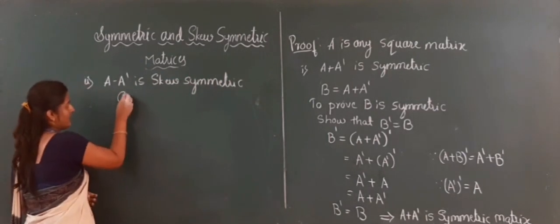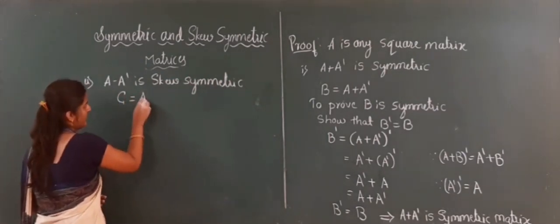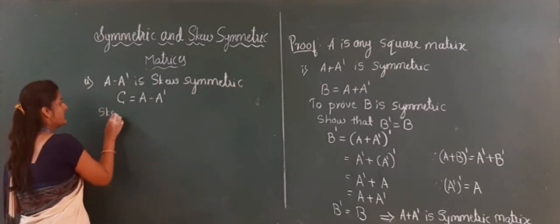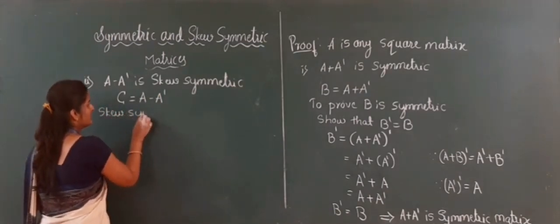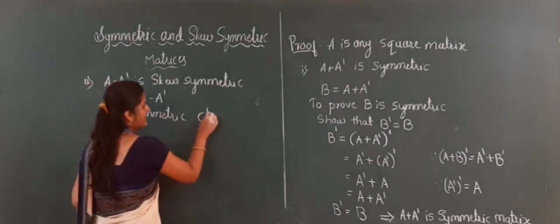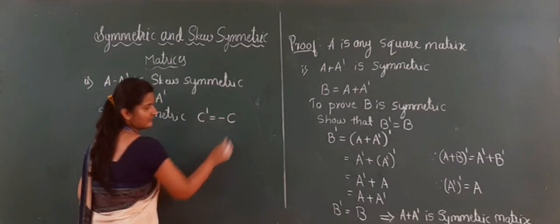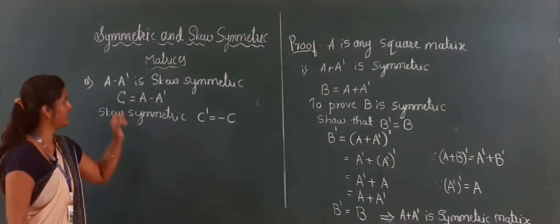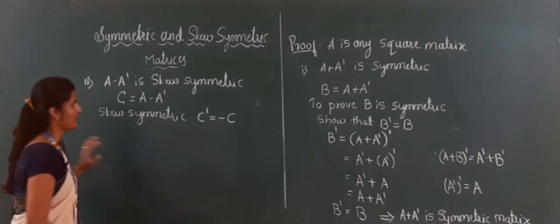I will take another matrix C as A minus A dash. For skew symmetric, what is the condition? I have to show that C dash is equal to minus C. Yes, if any matrix's transpose is equal to minus C, then it is a skew symmetric matrix.